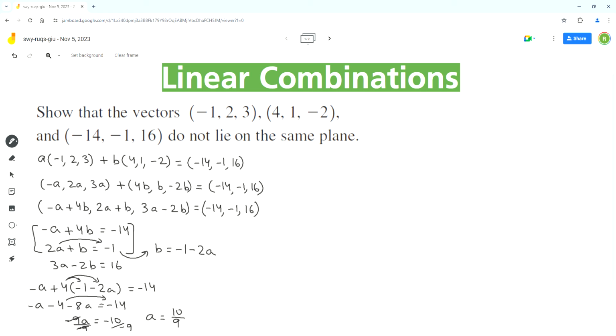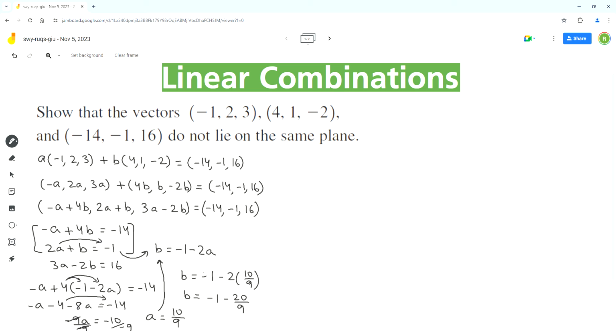Now we can use this value of a to find the value of b, so we can sub it in this equation. So 2 times 10/9 is equal to 20/9.